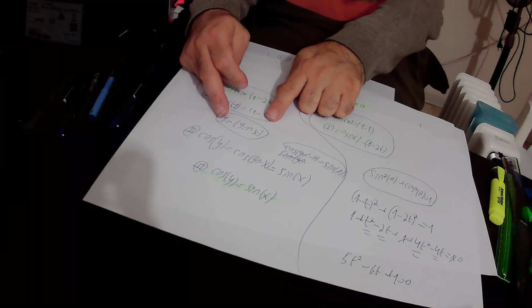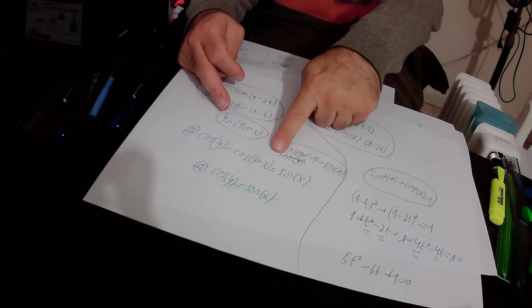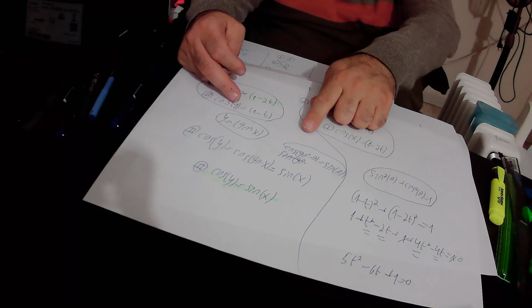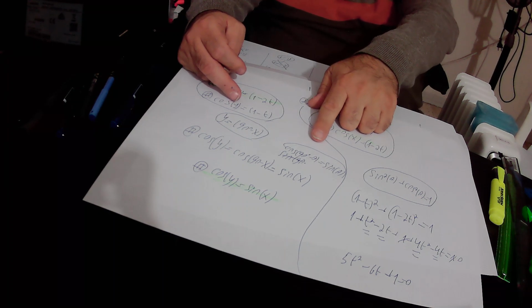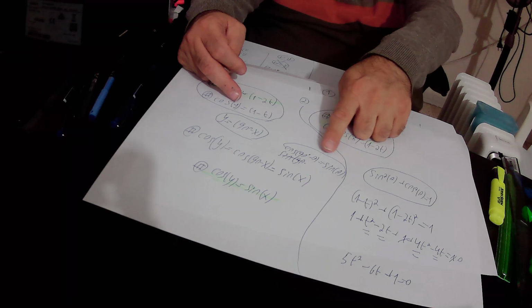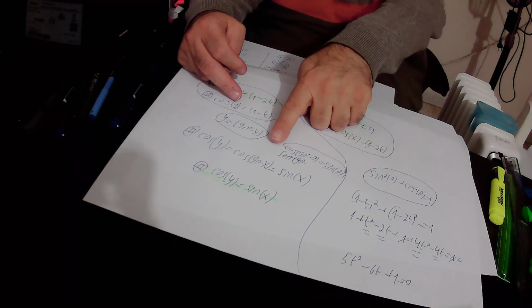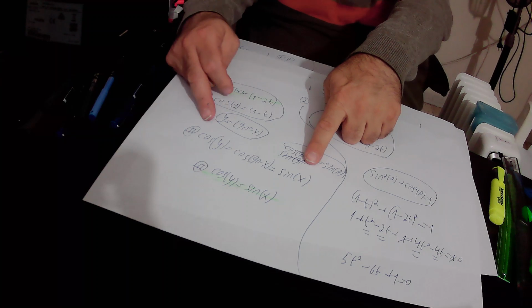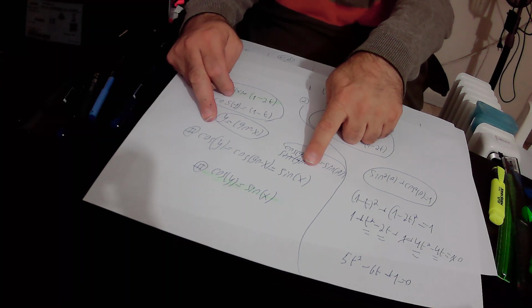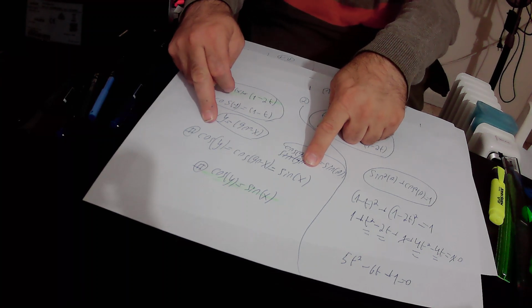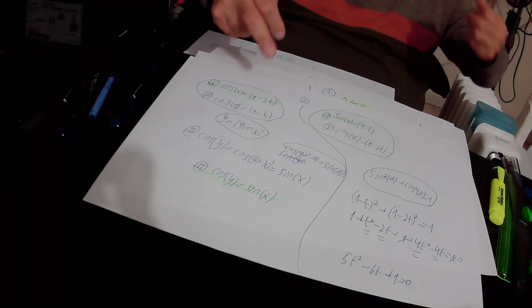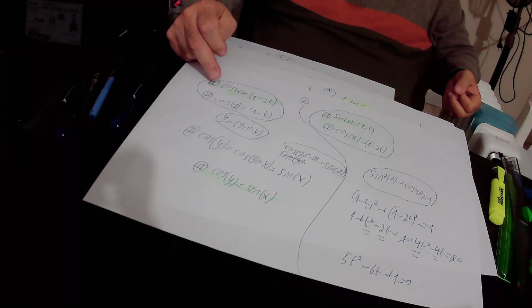So we have cosine y, and y is 90 degrees minus x, so it is cosine of 90 degrees minus x. And we have the trigonometric identity that cosine of 90 degrees minus theta equals sine theta. Therefore, cosine of 90 degrees minus x equals sine x. So in conclusion, cosine y equals sine x. Therefore, we can substitute cosine y by sine x in equation number 2.